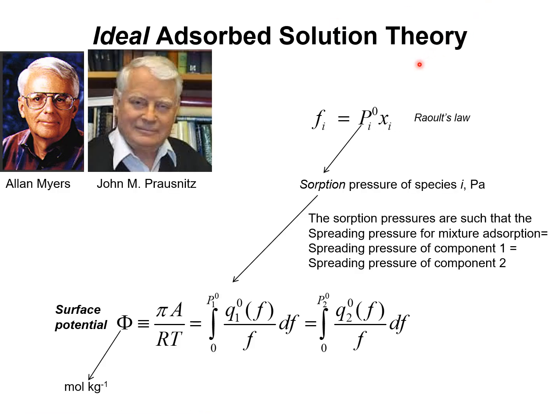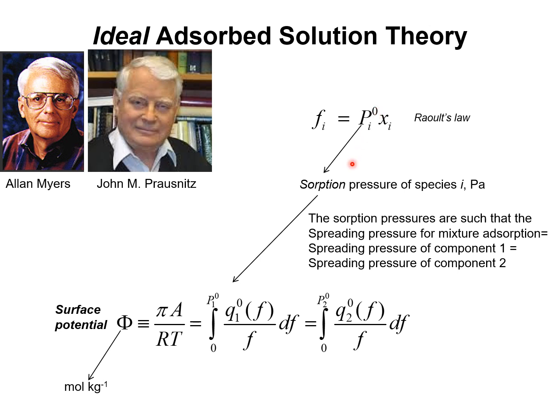In the Ideal Adsorbed Solution Theory of Myers and Prausnitz, the partial fugacity of component i in the bulk fluid phase is related to the mole fraction of component i in the adsorbed phase by an expression that is the analog of the Raoult's law for vapor-liquid equilibrium.